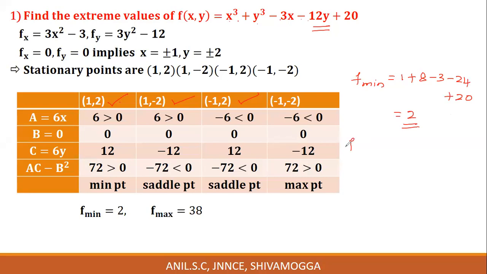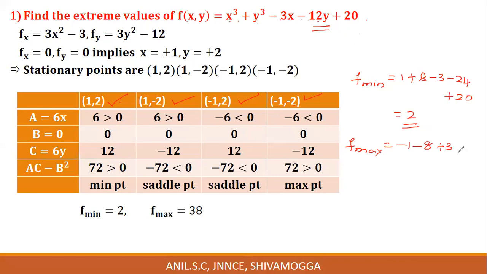Similarly, we find the maximum value, f maximum. F maximum is obtained by substituting this point in this function. X is equal to minus 1 and y is equal to minus 2. Minus 1 whole cube is minus 1, minus 2 whole cube is minus 8. Minus 3 into minus 1 is plus 3.